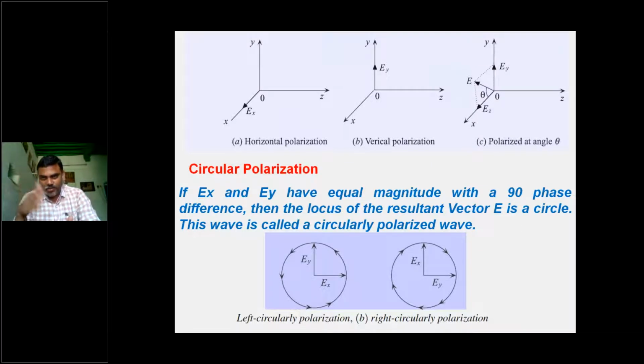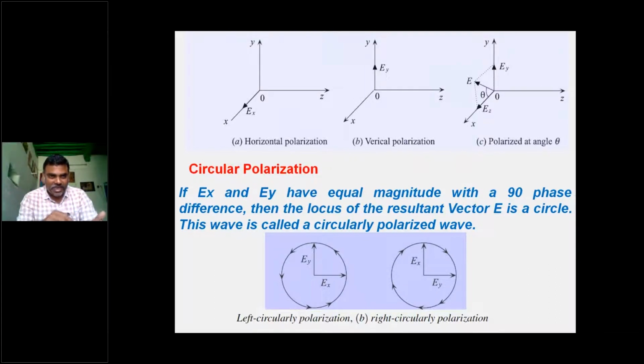And if E is in between x and y, making some angle theta, then we call that theta polarization. And here, circular polarization means that the corresponding field components, electric field or magnetic field, in the direction of propagation don't exist. So here we consider the direction of propagation along the z direction, so whatever the components of E or H may have are along the x direction or y direction.